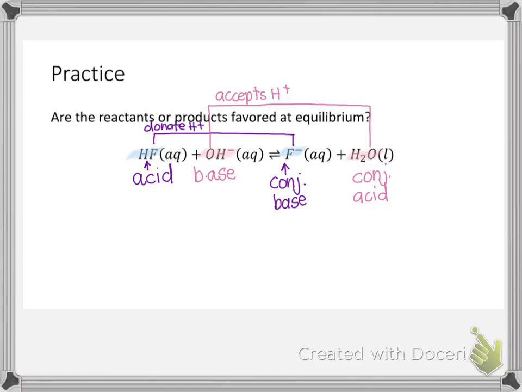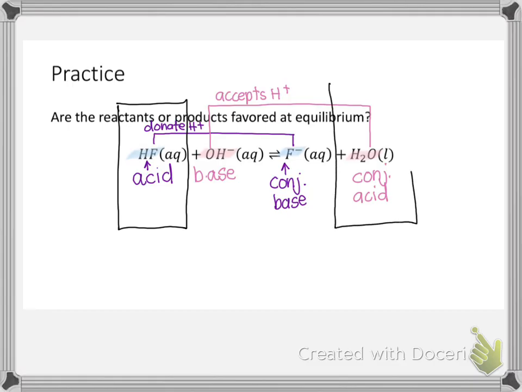Now, we do not care about the bases in this case. To answer this question, we're going to compare the acids. So I'm going to compare this one and this one. I don't need to worry about these two to answer this question. So then I need to figure out which one of these two is stronger. And to do that, I'm going to use table 9.2.